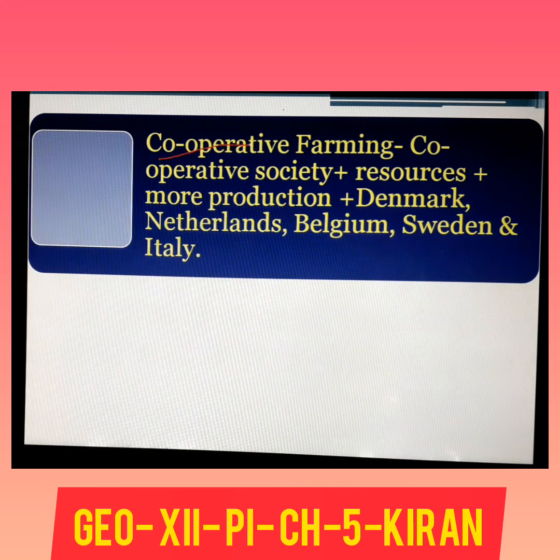The cooperative farming is practiced by the formation of a cooperative society by a group of farmers. The resources are pooled. All the farmers are working in one agricultural field.